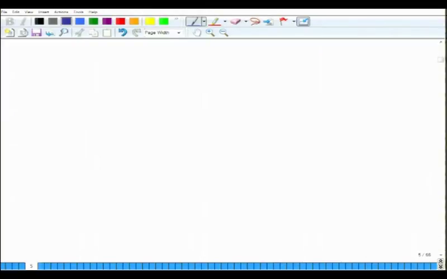So, we have taken a 3 axis system, this HKL, UVW system, and this notation applies to all the crystal classes.